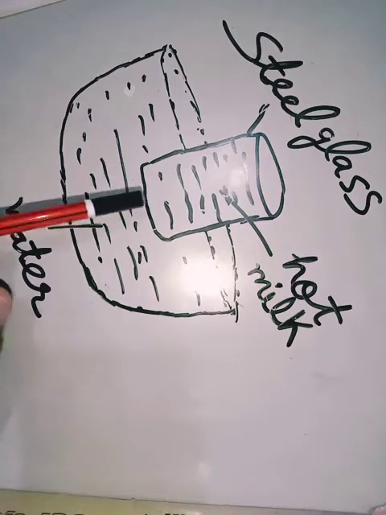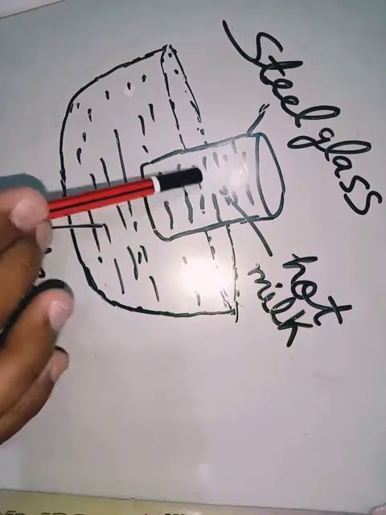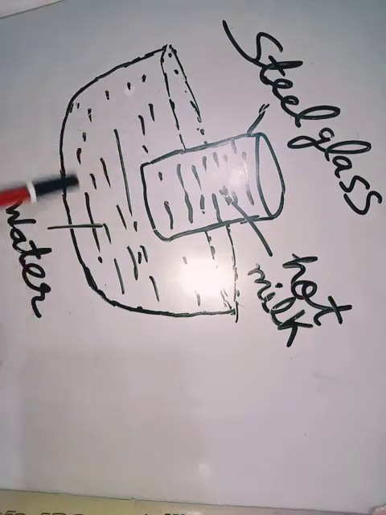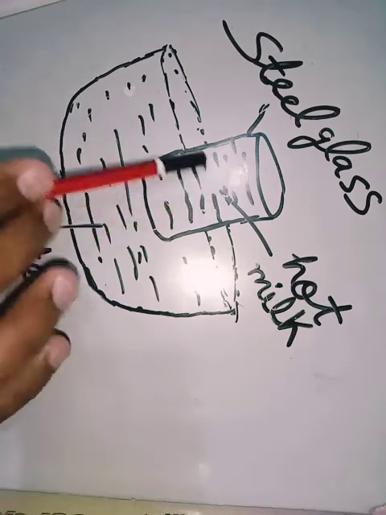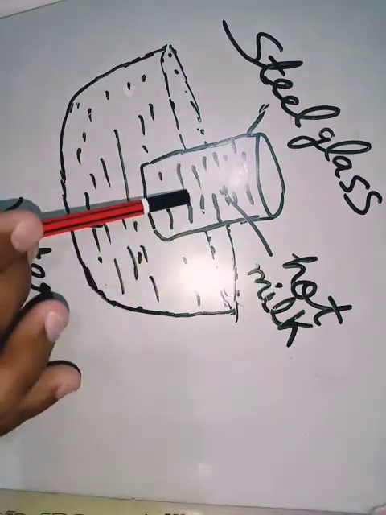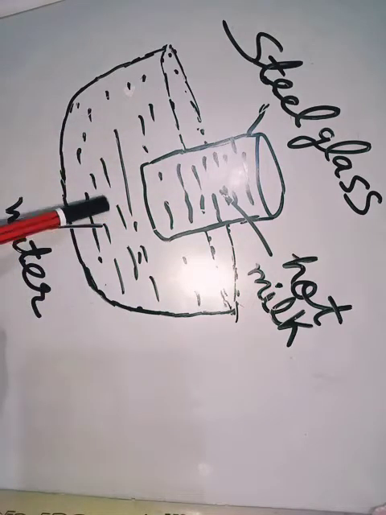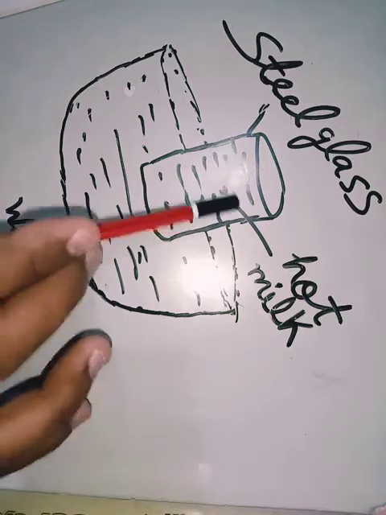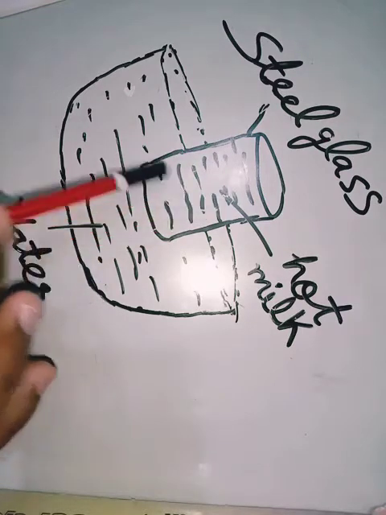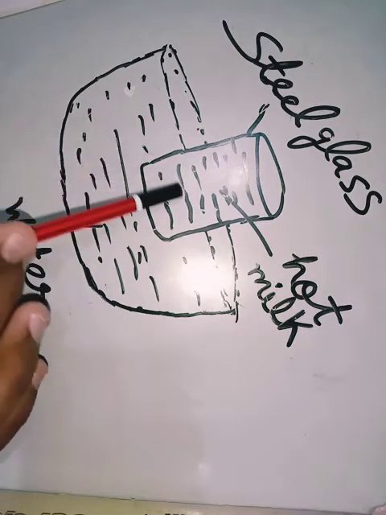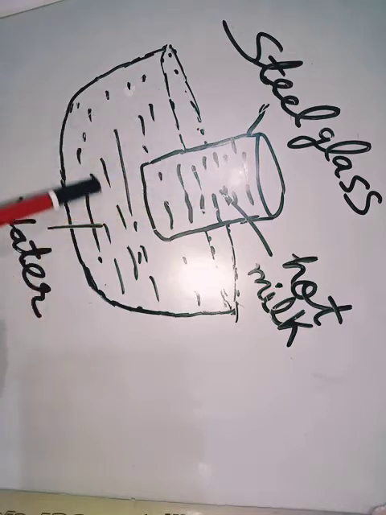Heat always transfers from a body at higher temperature to a body at lower temperature, meaning if anything is hot, its temperature is high, and if anything is cold, its temperature is low. So heat transfer takes place from a hot object to a cold object, meaning heat is transferred from the glass to the water.